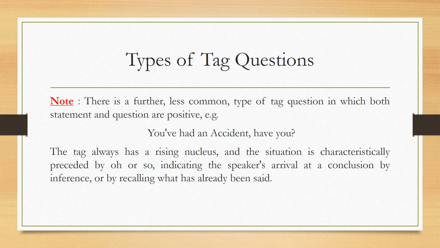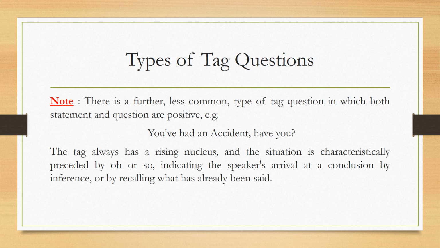Here, this situation is characteristically preceded by 'oh' or 'so', indicating the speaker's arrival at a conclusion by inference or by recalling what has already been said. Okay, so here again, because we are deviating from the rule of the suitable structure of the tag question, this means that again we are not asking a real question.